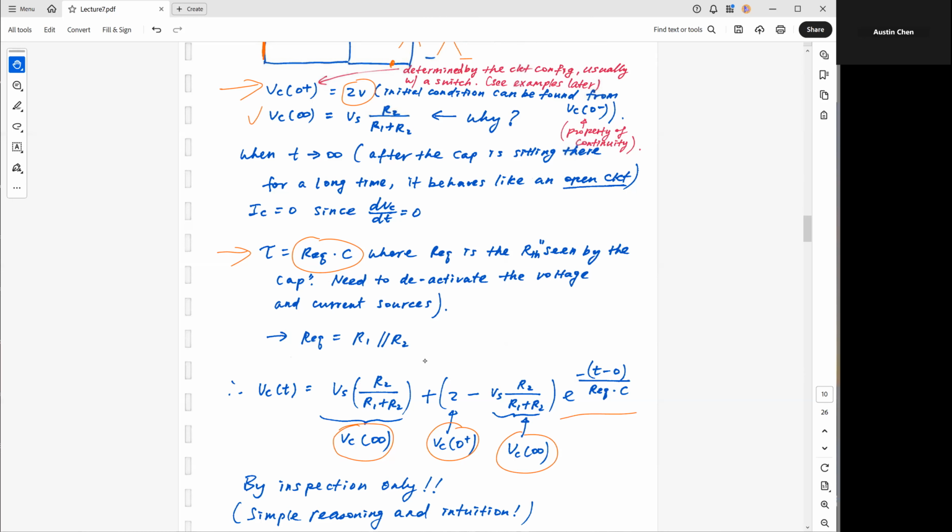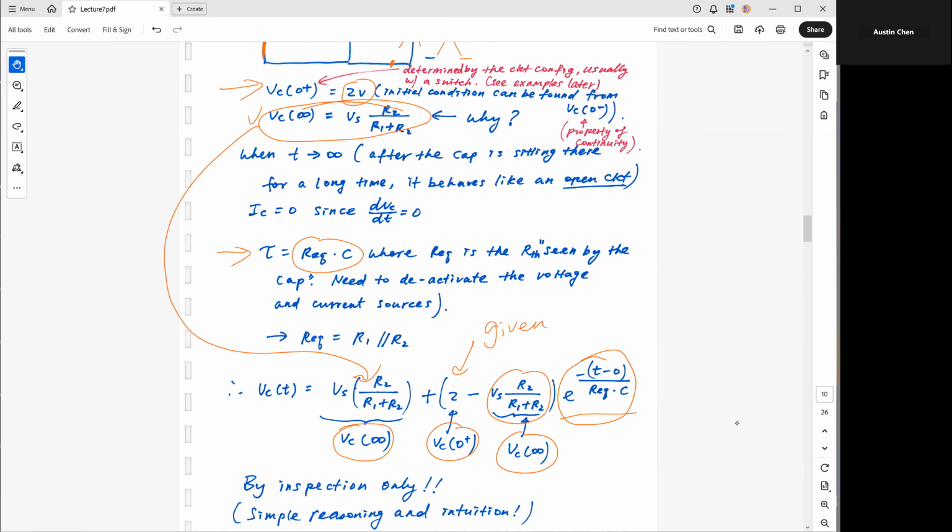So you basically just need to fill out this term one by one. VC at infinity is nothing but this. VC at 0 plus is already given to you as part of the question. VC at infinity again, this term is the same as this. Inside the bracket, take this minus this, multiply by the exponential function.